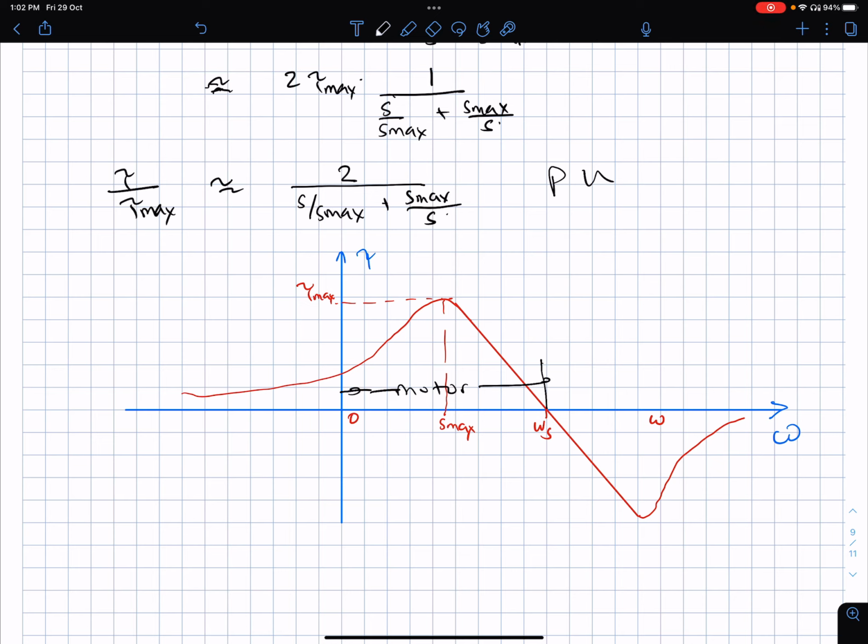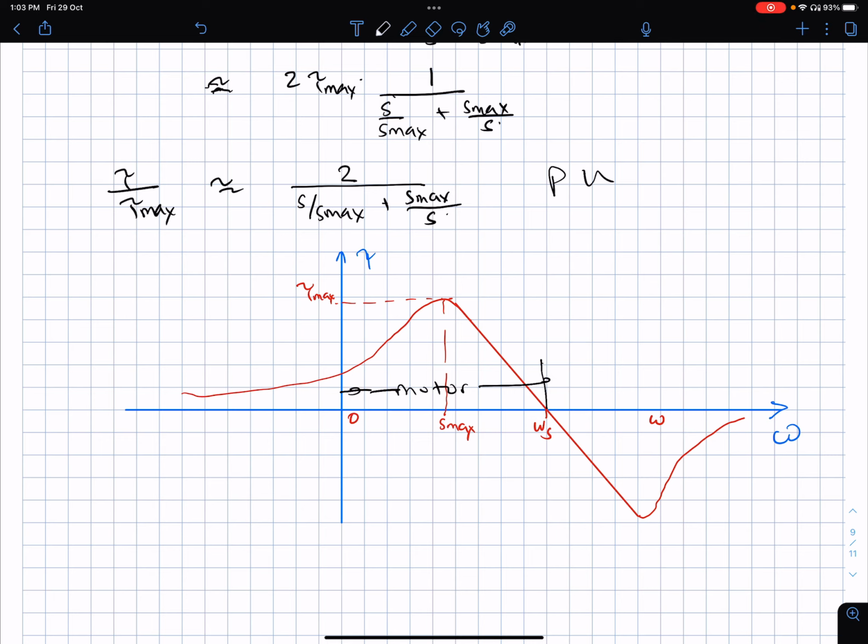Now suppose you could connect, for example in a wind farm, the rotor of an induction machine to those big blades that you see of the wind farm, and they rotate the rotor at a speed higher than the synchronous speed.